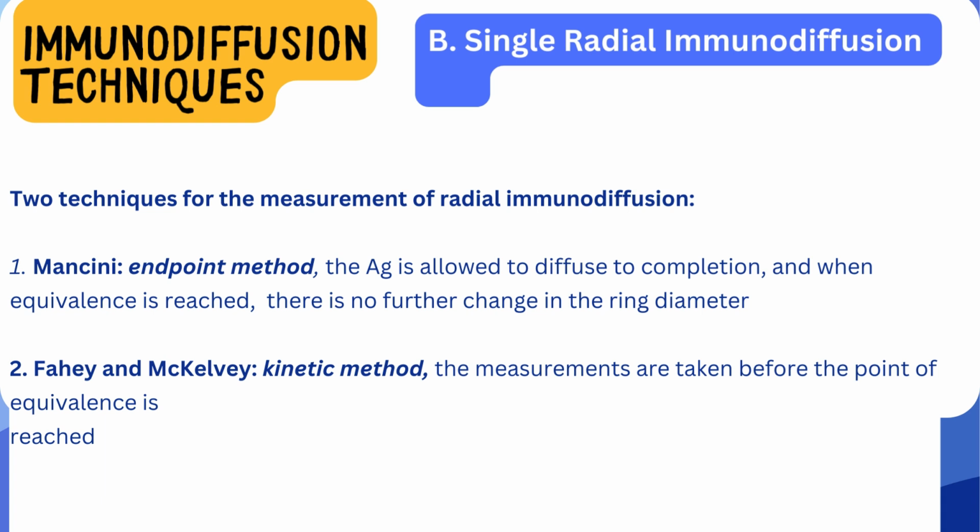In Mancini, we allow diffusion to complete, but here, even before equivalence is reached, the measurements are taken beforehand. So that's Fahey and McKelvey, and we have Mancini for the single radial immunodiffusion techniques.